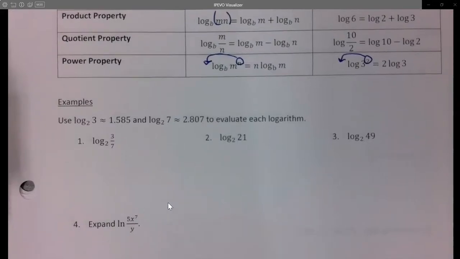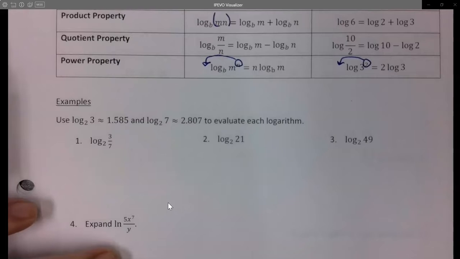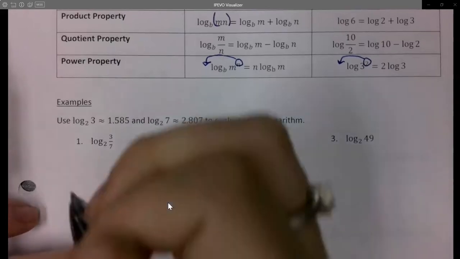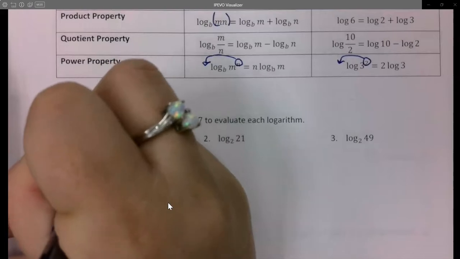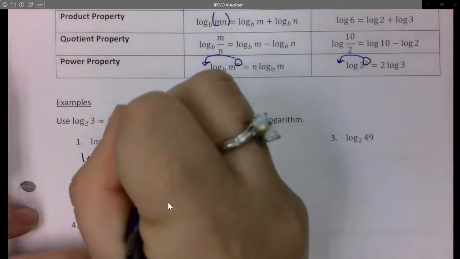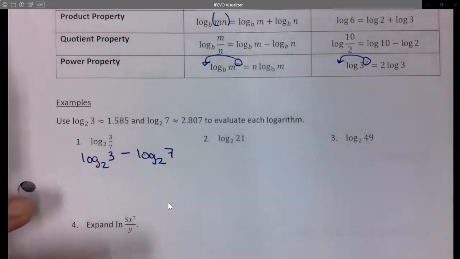So number 1 wants me to use these two properties to evaluate each logarithm. So what I'm going to do is rewrite this. I'm going to have log base 2 of 3, and then I'm going to subtract because of the fraction. So I'm going to have log base 2 of 7.